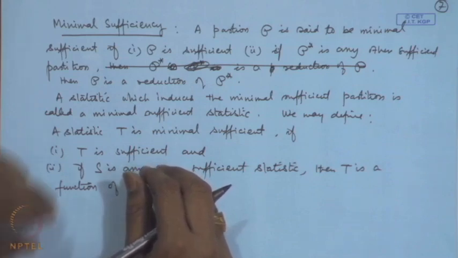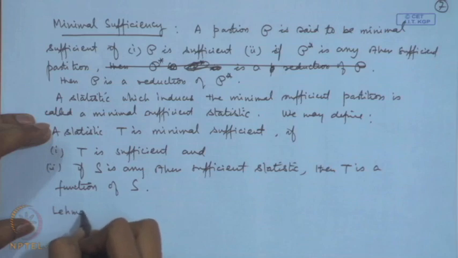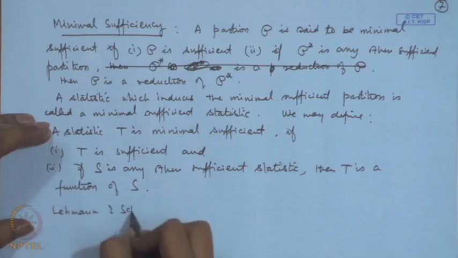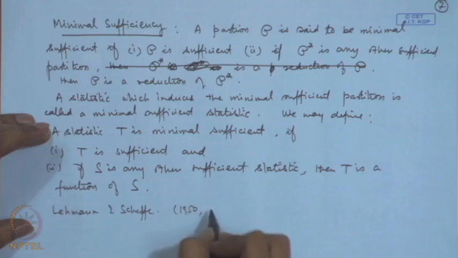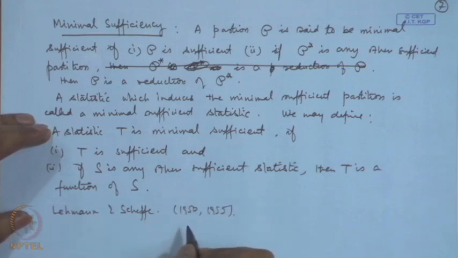Now, the question is how to determine a minimal sufficient statistic or a minimal sufficient partition in a given problem. This problem is settled by Lehmann and Scheffé in 1950 and 55 in papers in Sankhya.